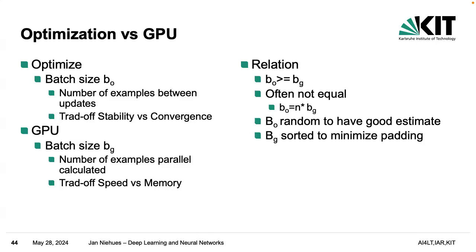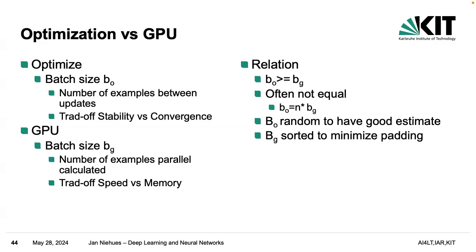So you want the sentences to be maybe all of length 98 or 99, then the calculation is very simple. And now you see the trade-off you have within your GPU batch. You want to have sentences as similar as possible, while for the optimization batch, you want them as distant as possible.